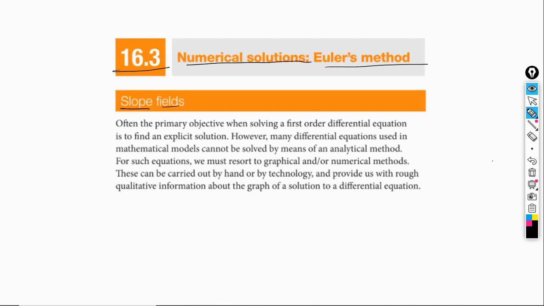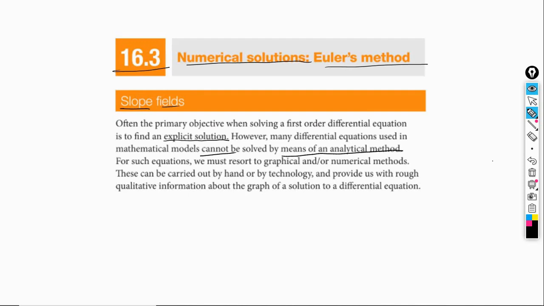So often the primary objective when solving a first-order differential equation is to find an explicit solution. So we found explicit solutions and also implicit solutions in the previous two sections of this chapter. However, many differential equations used in mathematical models cannot be solved by means of an analytical method. That means with algebra.